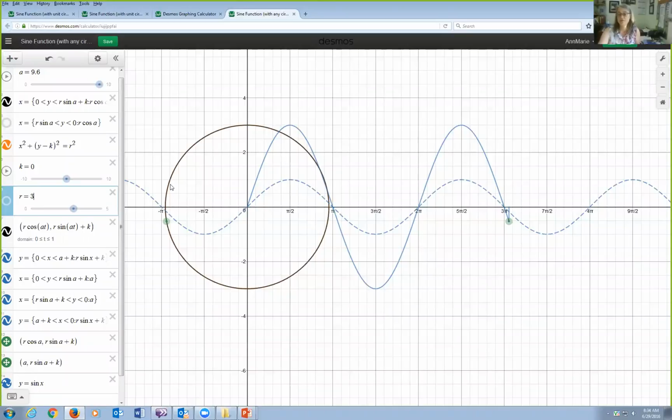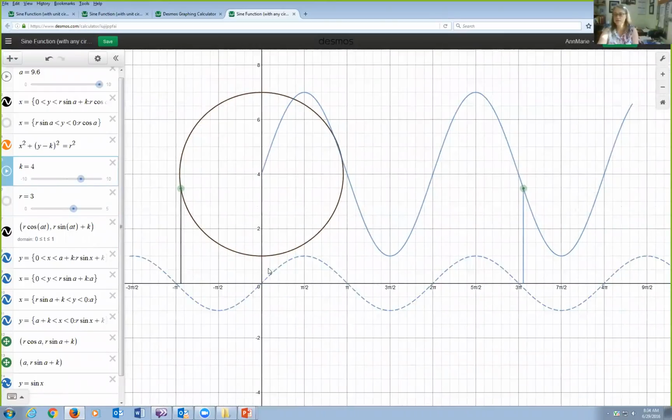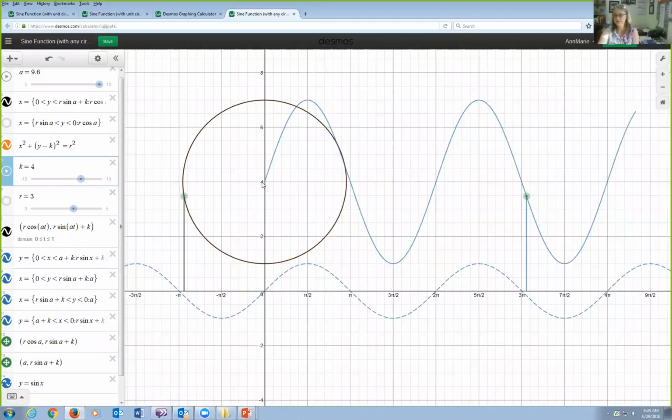What happens if I move my circle up so it's not centered on the origin? Say I move it so that the center of the circle is 4 feet up. Well, now my height, my sine function, sine is related to the height of the point on the circle, right?